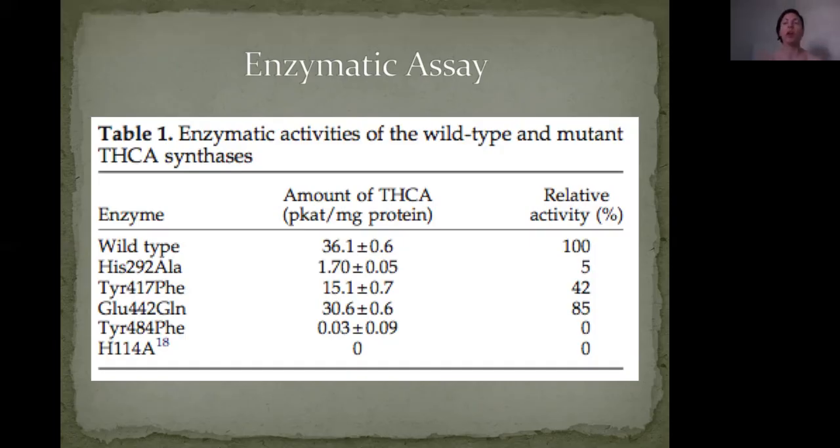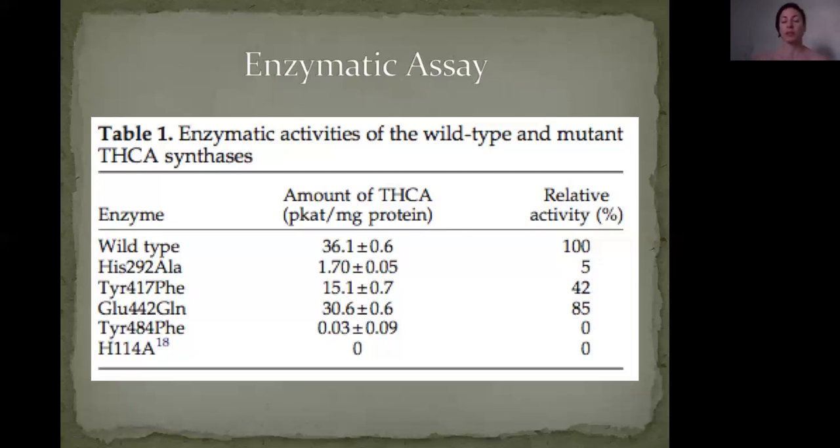So they had to figure out, okay, which one of those may be involved? In the first place, they realized by looking at the berberine bridge enzyme and superimposing the tertiary structures based on where the isoalloxazine ring of the FAD moiety is located, that in berberine bridge enzyme there were a few amino acids that coincided with similar amino acids in THCA synthase.